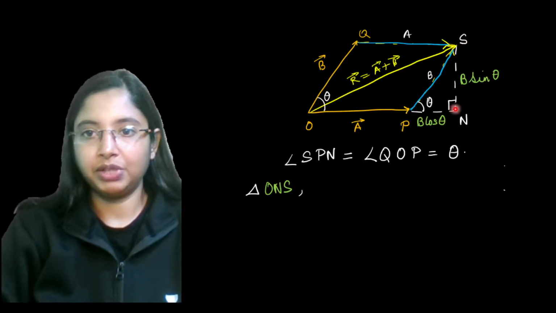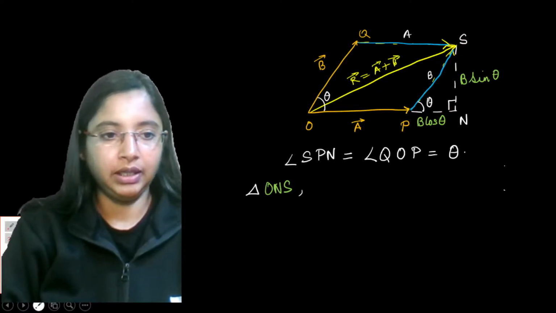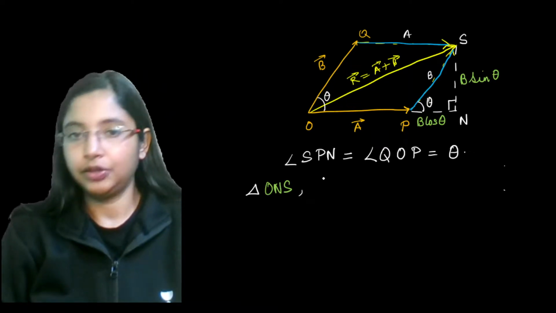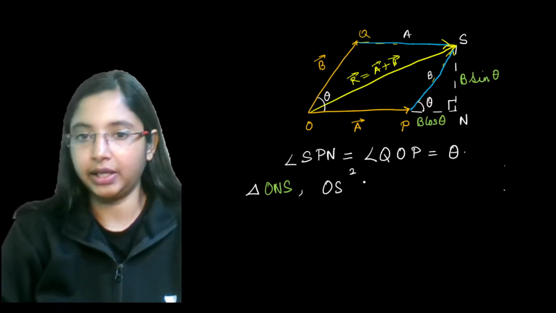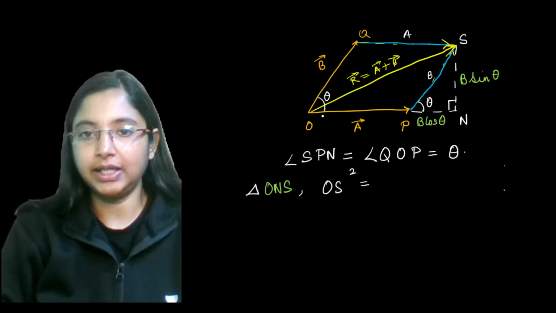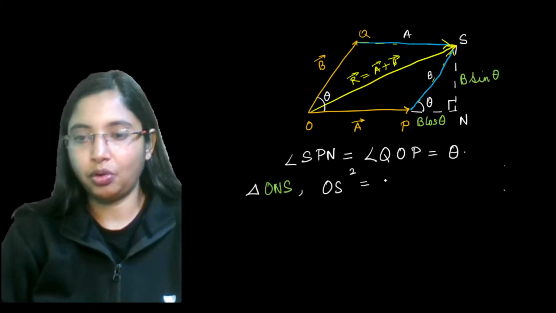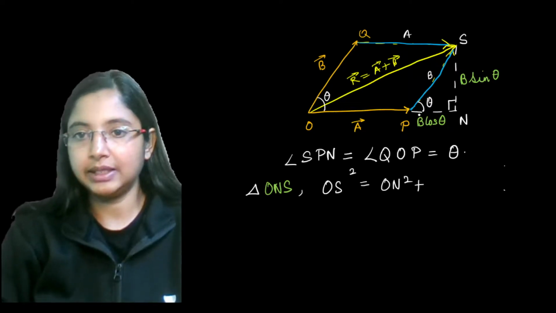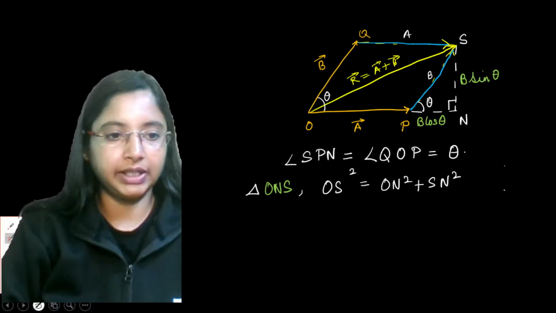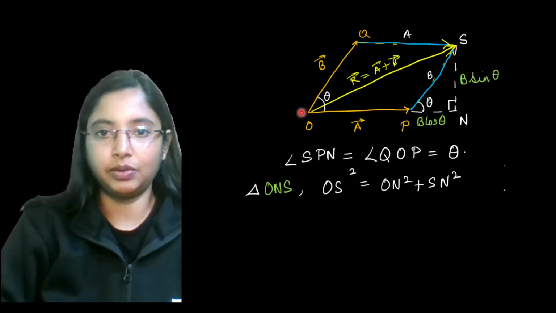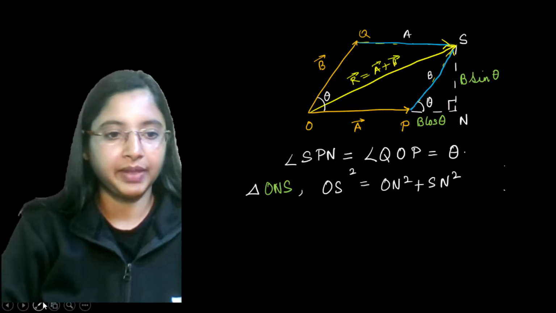So from here, using Pythagoras theorem, the hypotenuse OS square is equal to the adjacent, in this case ON square plus SN square. We can say that this side is equal to this vector plus this.